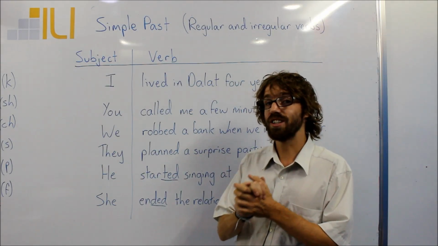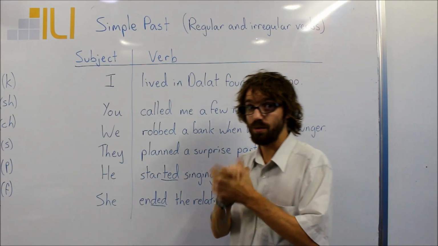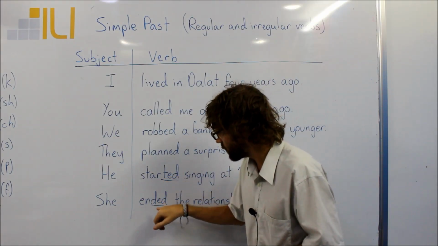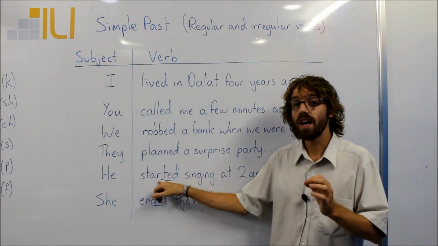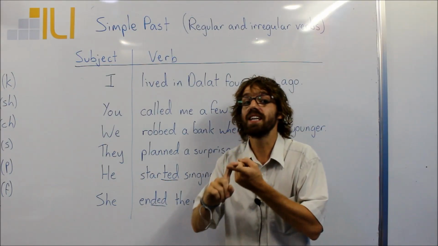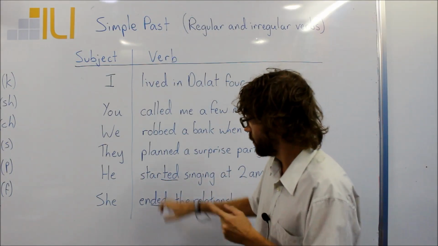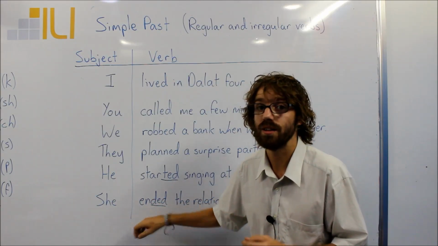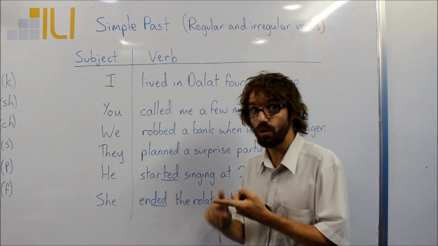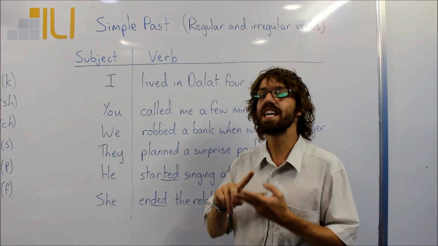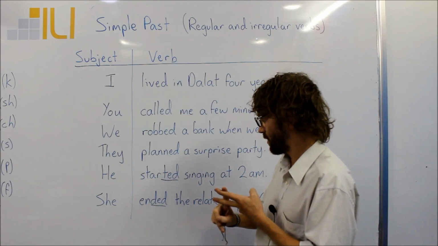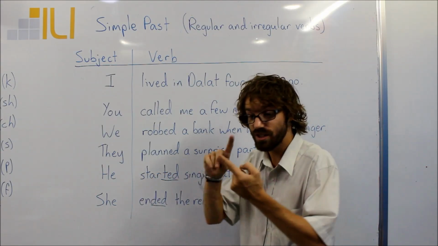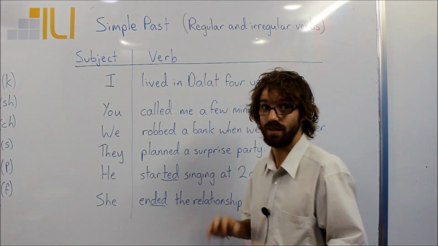We're going to move on to the D, okay? But first, we're going to start with these two. If you have a verb that ends with a T or a D, for example, start or end, this is usually followed by the id sound. So, start, started, started.